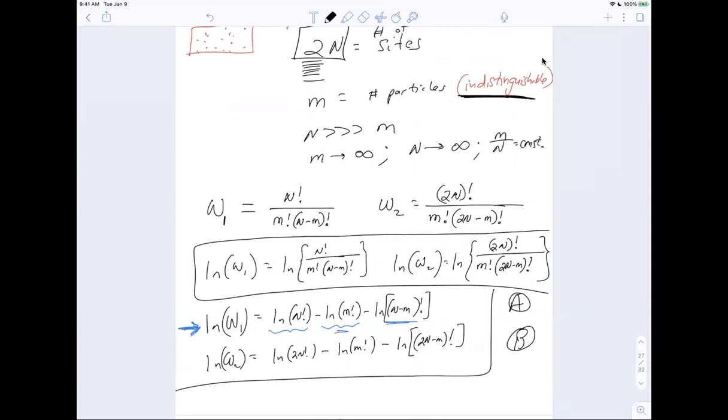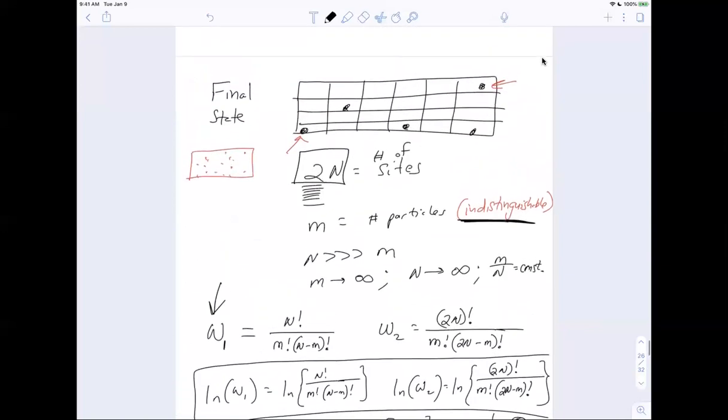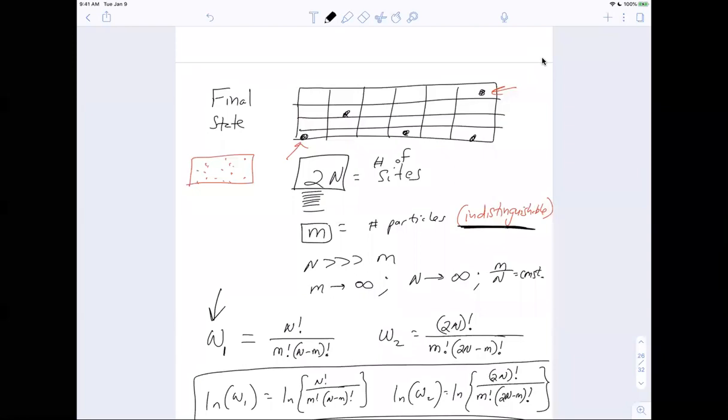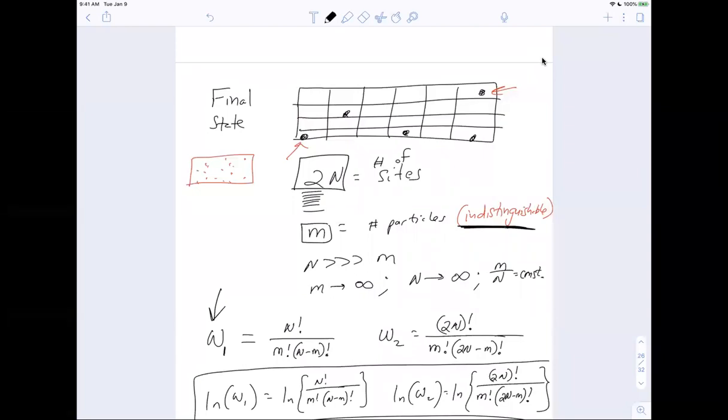Okay, so there's no way you can distinguish, if you have n particles, the first particle from the nth particle. There's little m particles. And we were interested in this thing called W, which is the number of ways you can arrange those little m particles into the sites that you have in your lattice.